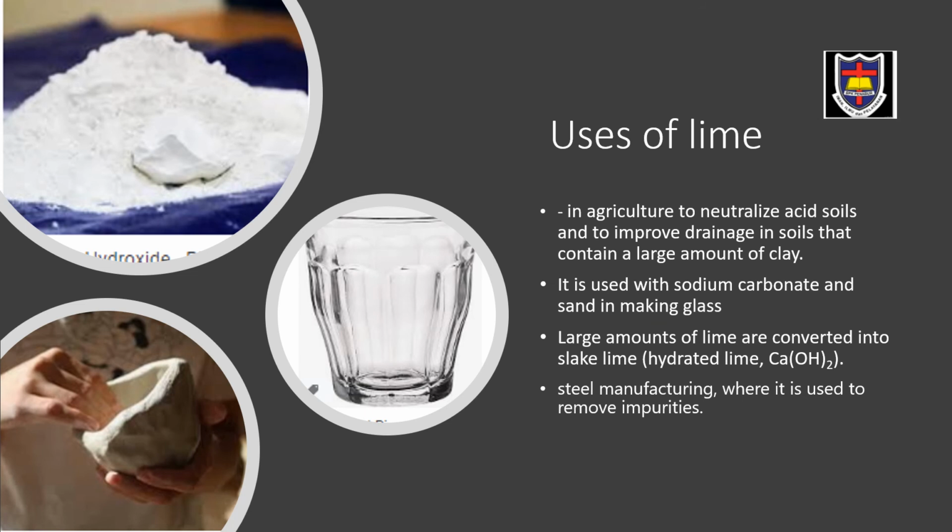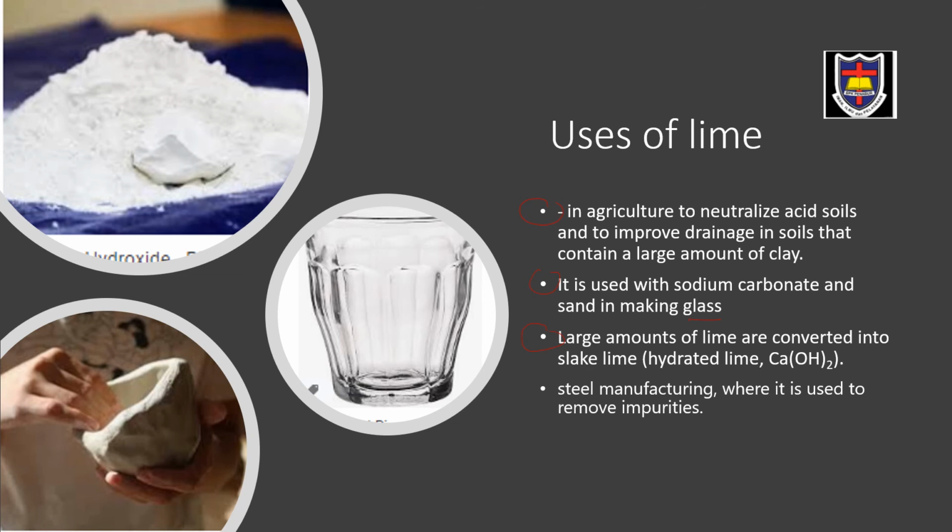Uses of lime. First, in agriculture, to neutralize acid soils and to improve drainage in soils that contain a large amount of clay. It is used with sodium carbonate and sand in making glass.